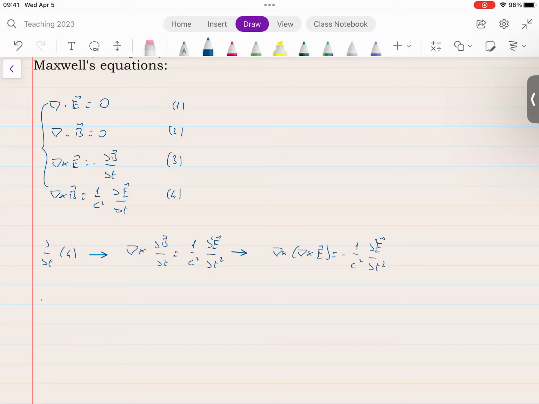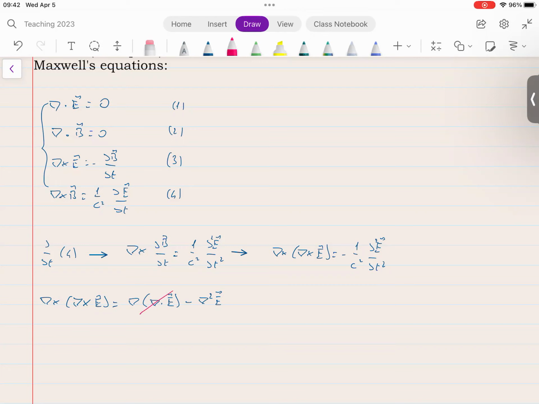But del cross del cross E is equal to the gradient of the divergence of E minus del square of E. This is a vector identity. Use the plasma formulary if you've never seen it before. This is true for any vector. And of course, this term by Poisson's equation is 0.